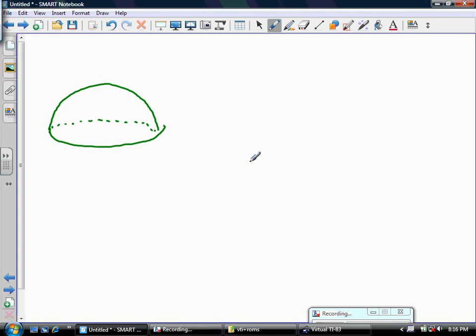Let's do the same thing we did with the cone. Take a slice up here. I can't draw right. I'll pretend that's a disc, like a dime, like last time. So we're going to say, again, this is a delta y thickness.